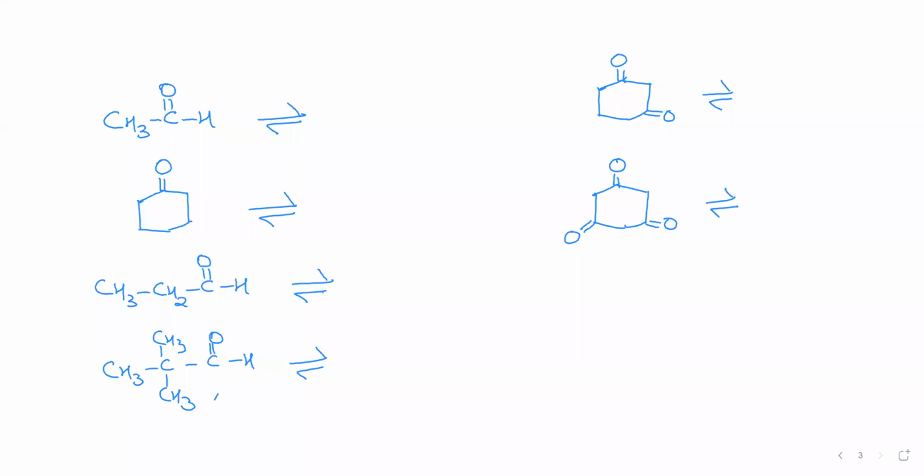So how will it form enol? It cannot, correct? Abhimanyu, the third one has alpha hydrogen.